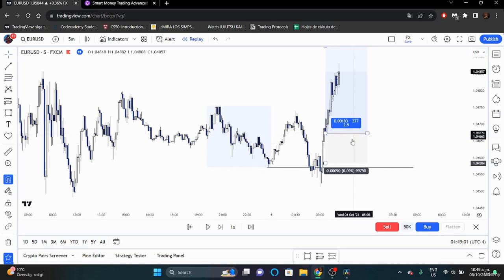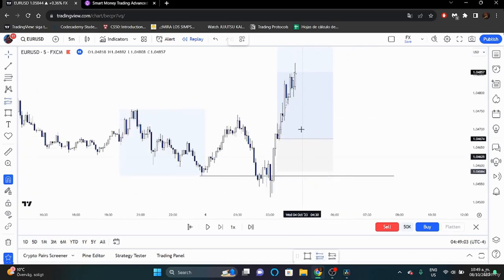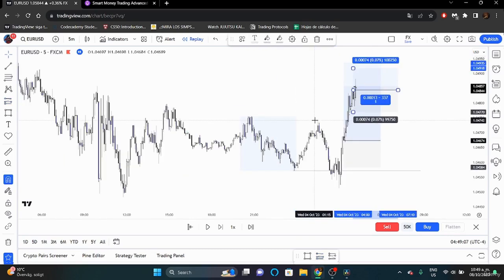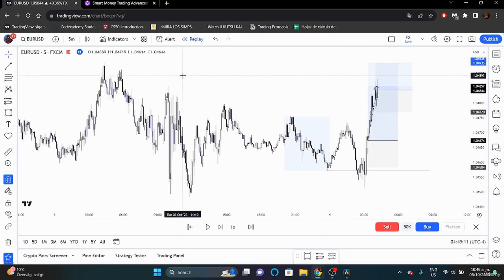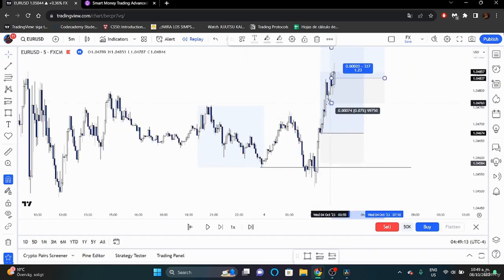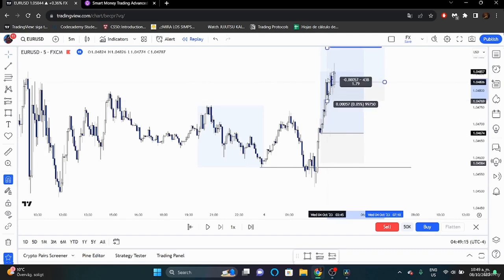Okay, if you haven't entered, what are you going to do here? If the target's not met yet, you're going to enter at the order block, with your stop here and your order block right here.